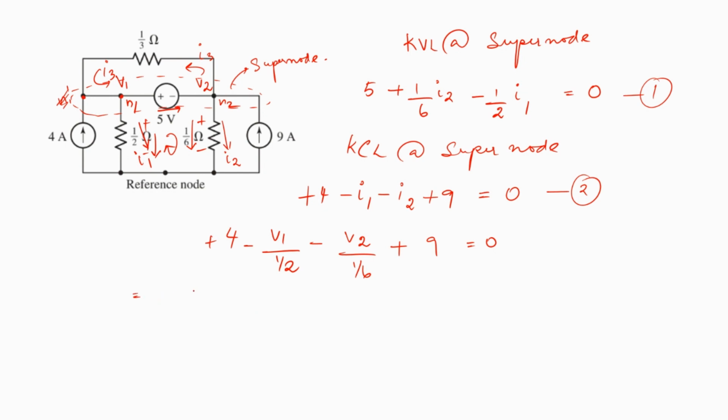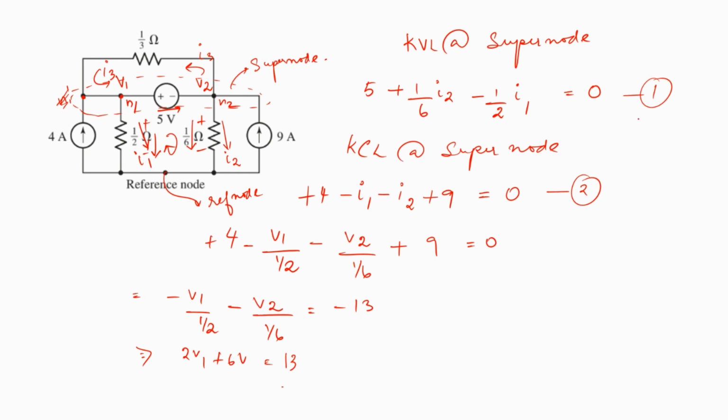So now I have minus V1 by half minus V2 by 1 by 6 is equal to minus 13. So simply putting this, we can get this as 2V1 plus 6V2 is equal to 13.